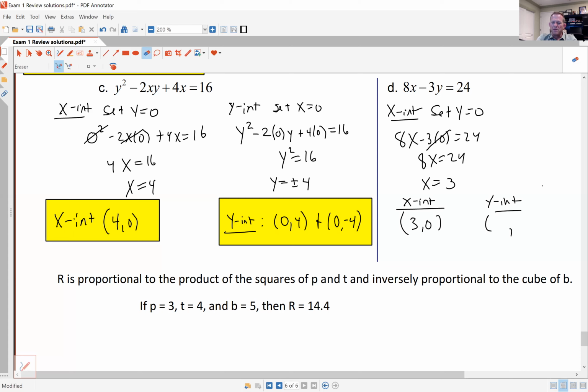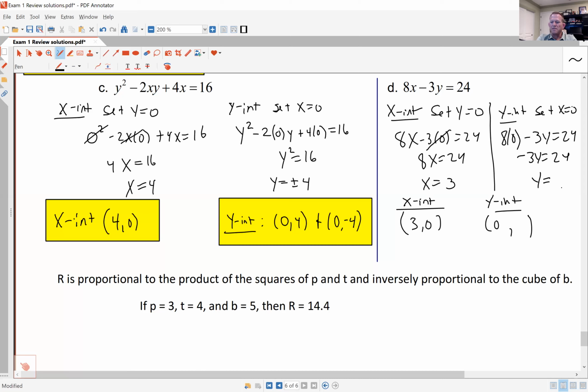For the y-intercept, we set x equal to 0. That gives us 8 times 0 minus 3y is 24, or negative 3y is 24, giving us negative 8.